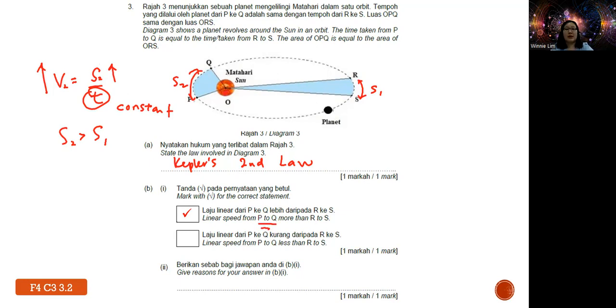If you want to look at the animation of how the planets orbit the sun, you can search on YouTube.